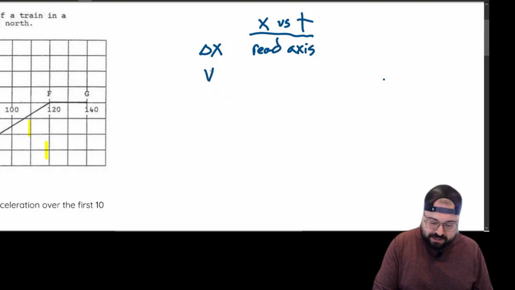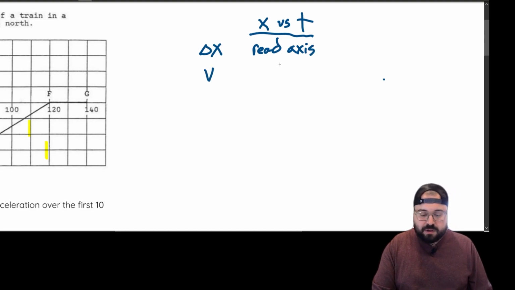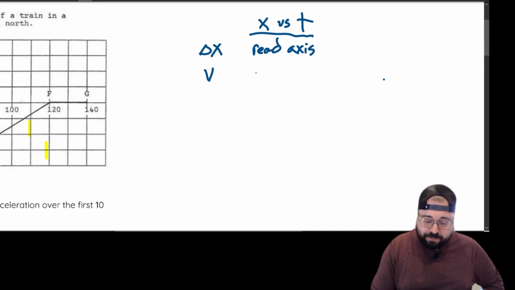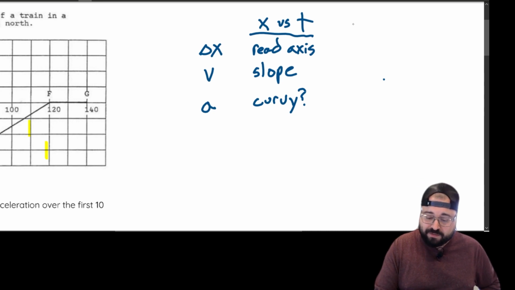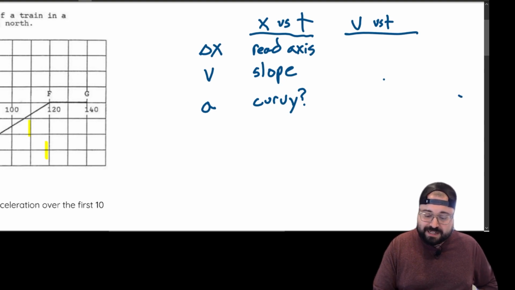If we want to get velocity, we look at the slope. And if we want to get acceleration, we can't really get that, but we can tell whether or not it's a curvy graph.